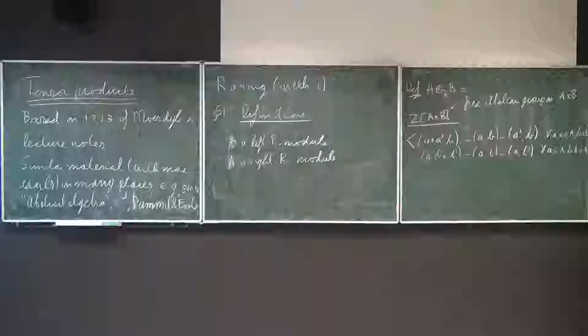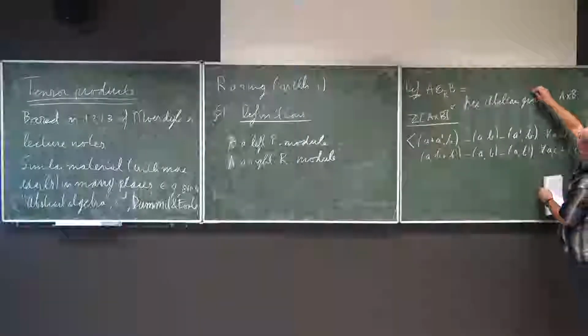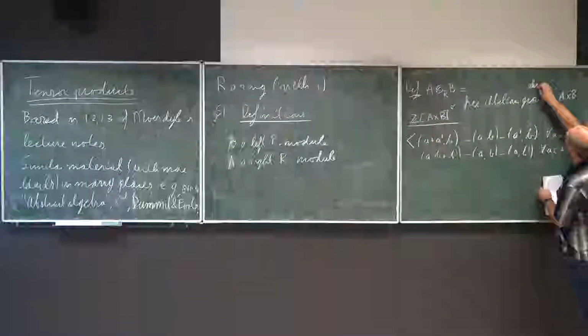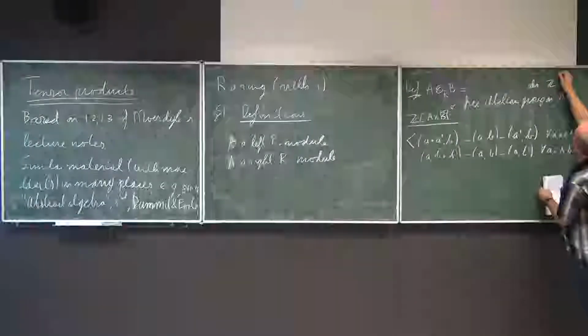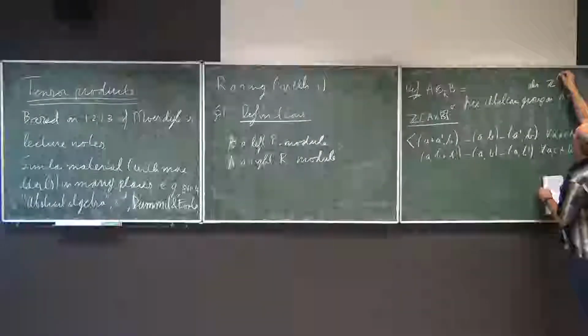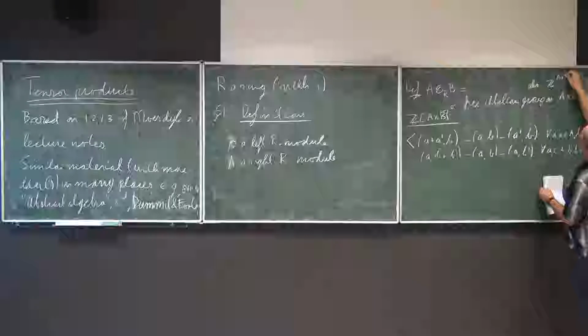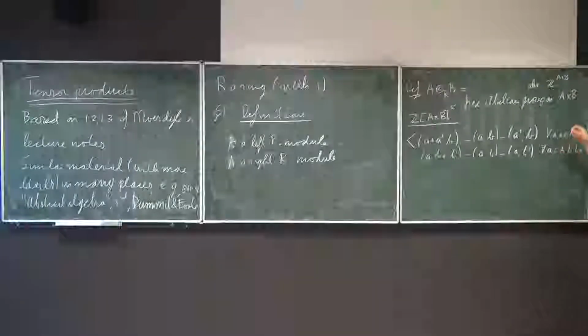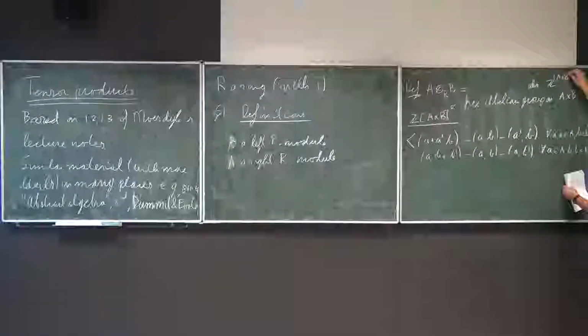Can I interrupt for a moment? Yes. I think yesterday the notation for the free abelian group on A times B was Z to the power (A times B) between parentheses. Okay. To distinguish it from the product. I'm not sure why we need parentheses, but now we write parentheses there.